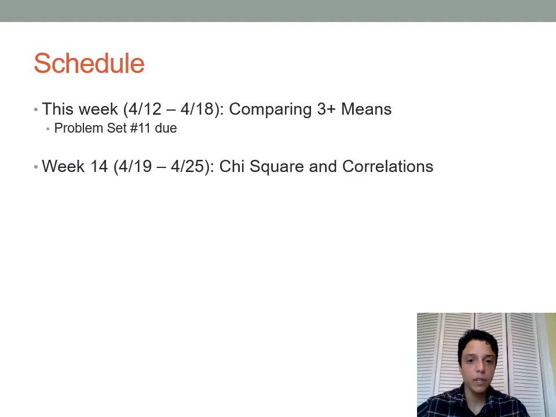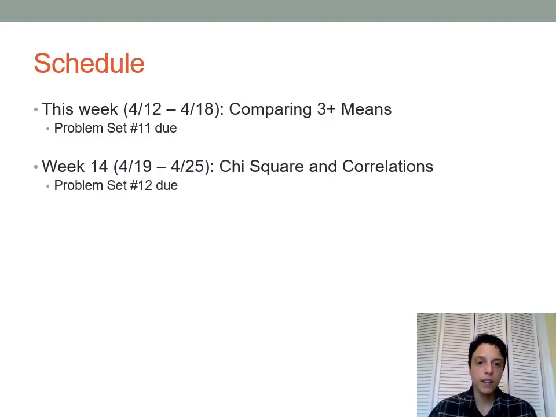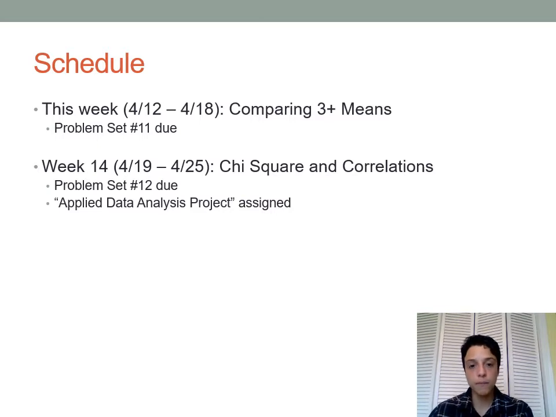Next week will be week 14. We're going to be doing two different kinds of hypothesis tests in that week called chi-square and correlations, which is partly hypothesis test, partly some other stuff you'll see. There will also be a problem set due next week as usual. Next week, I'm also going to be assigning what I call in the syllabus the Applied Data Analysis Project.